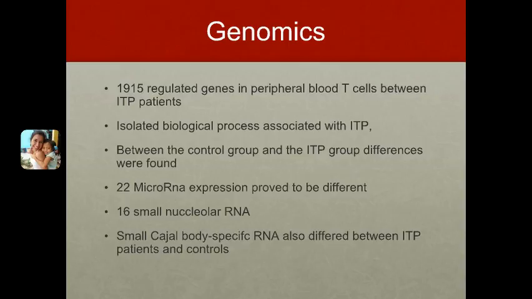Next, they compared the differences in expression of microRNA in peripheral blood T cells and found that 22 microRNA expressions were significantly different in ITP patients, as well as 16 small nuclear RNA and small Cajal body specific RNA.